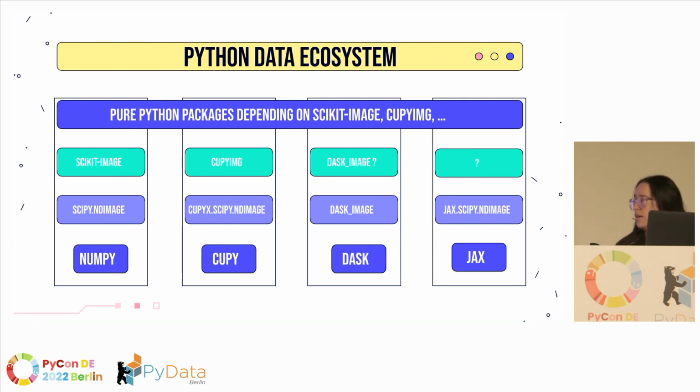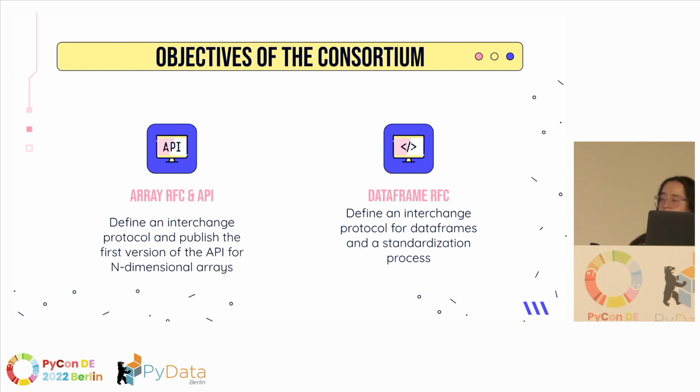And it is a really long shot, and it is a really difficult problem because there's a lot of people involved. So the main two objectives of the consortium right now are to develop an array specification and a data frame specification.